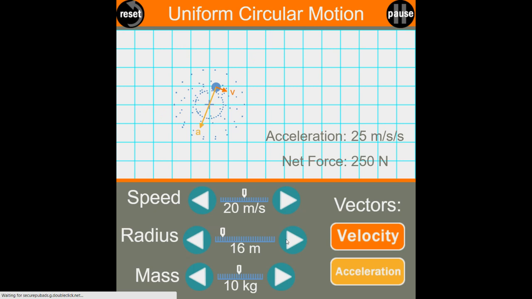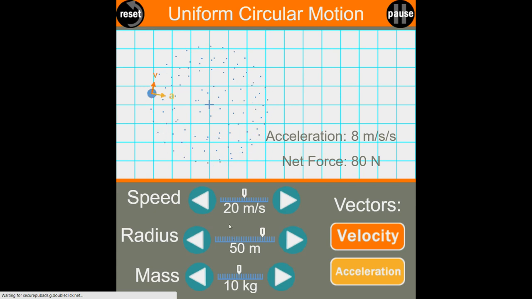It increases. Okay, let's say we went back to the original. Our acceleration is 13. Now, what if we increase the radius? Let's go to 40. Now what's going on with the acceleration? It's getting smaller. It's decreasing. So as the radius increases, acceleration decreases, and as the radius decreases, the acceleration increases.